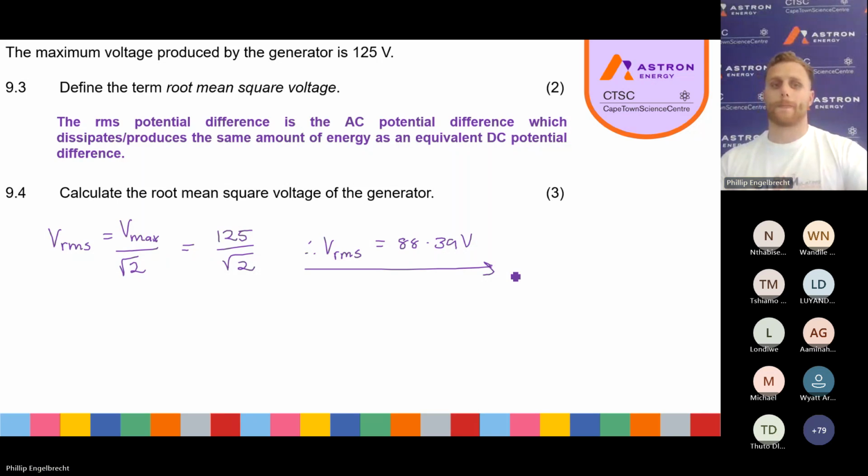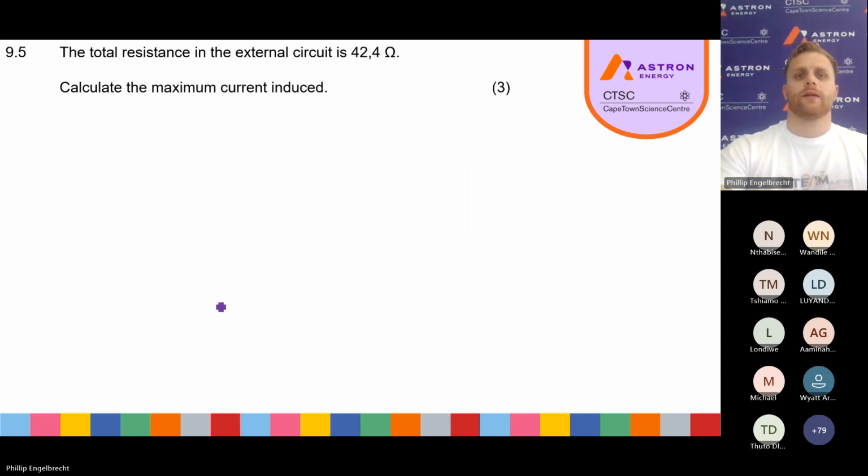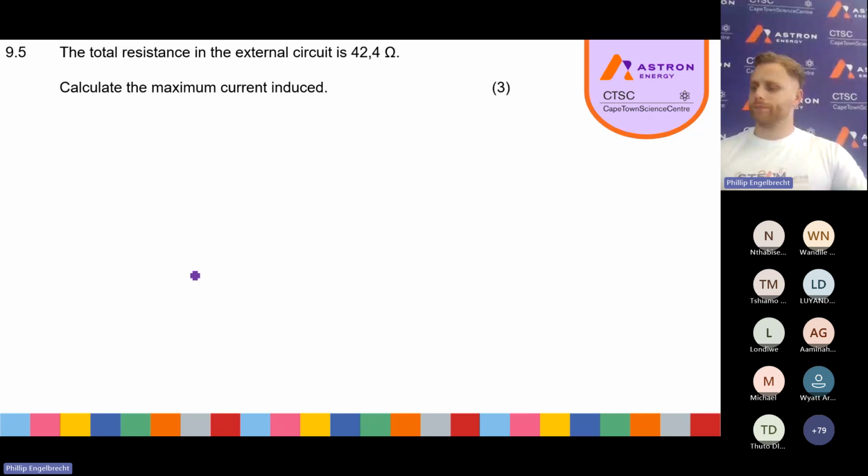Then we go. It says that the total external resistance of the circuit is 42.4 ohms. Calculate the maximum current induced.